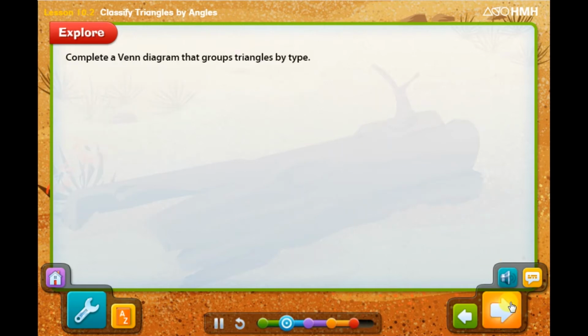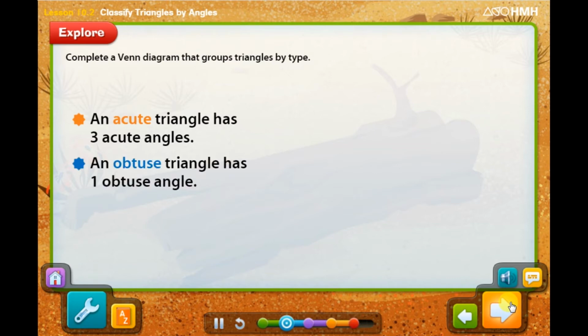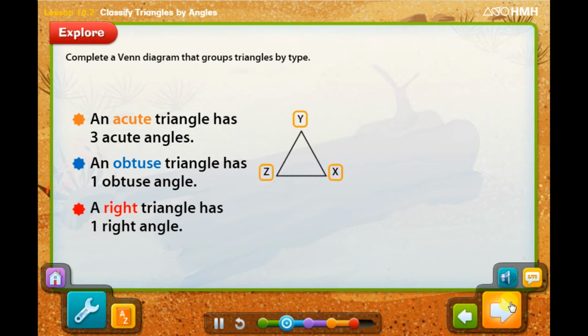We can use a Venn diagram to classify triangles. An acute triangle has 3 acute angles. An obtuse triangle has 1 obtuse angle. A right triangle has 1 right angle. You can name a triangle by the letters that name the vertices. This triangle could be called ZYX, ZXY, XZY, XYZ, YZX, or YXZ.